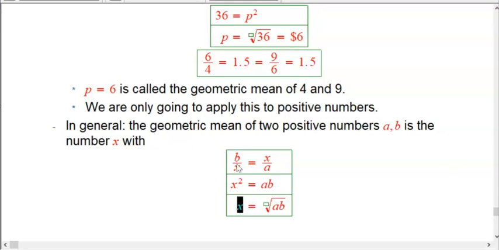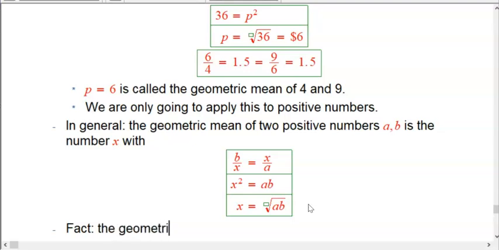It will almost never give you the same number. In fact, it won't give the same number unless A and B are the same, in which case the arithmetic mean and the geometric mean are just that same number spit back at you. I won't prove that right here. It's not super hard to prove.